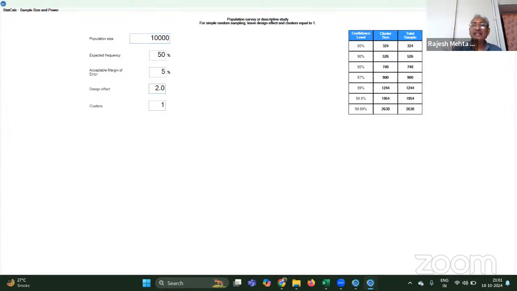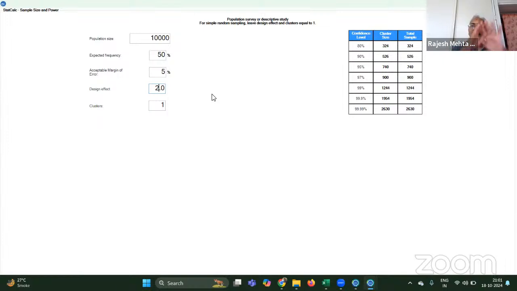If you're directly taking, let's say, from the whole population, it is only one. But if you divide into 10 parts, and then that is your next thing, out of 10, which two, and then you do further within that strata, then design effect is two. If you go further into taluka, for example, you have taken a state, then further you go for district, then design effect three, like this.